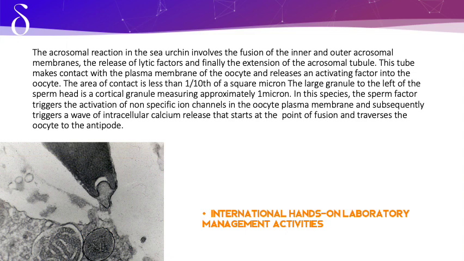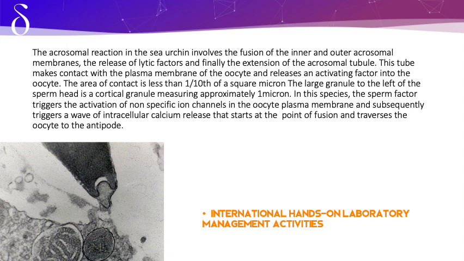The large granule on the left with the spiral structure on the inside is actually a cortical granule. So whatever happens, the sperm factor must in some way pass through this acrosomal tubule into the oocyte and start the metabolic processes necessary for activation.